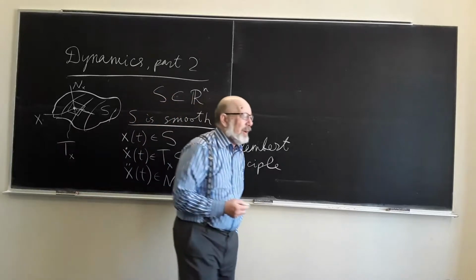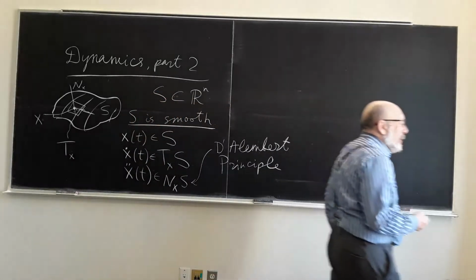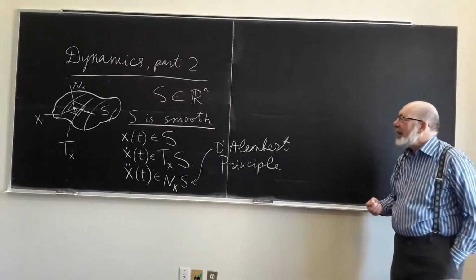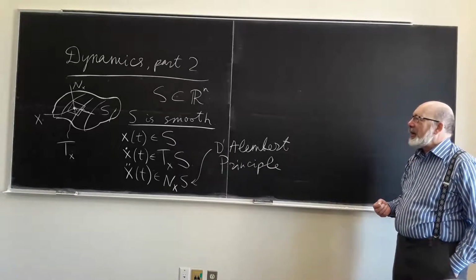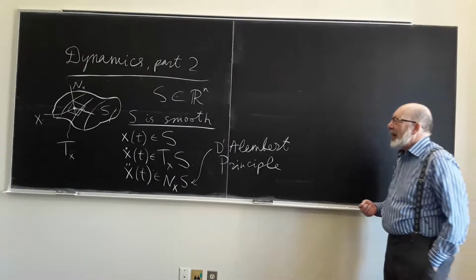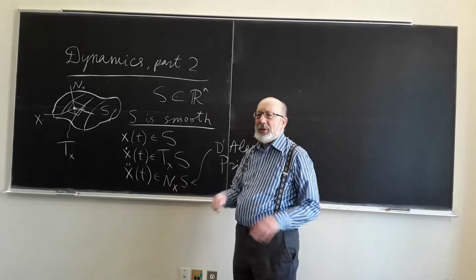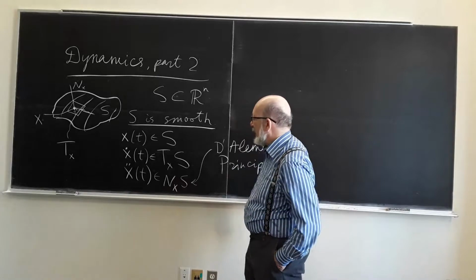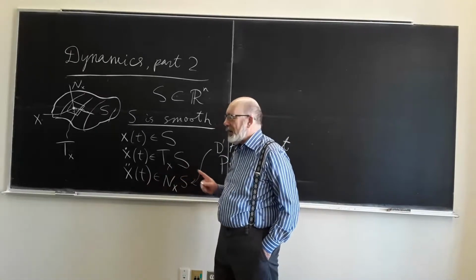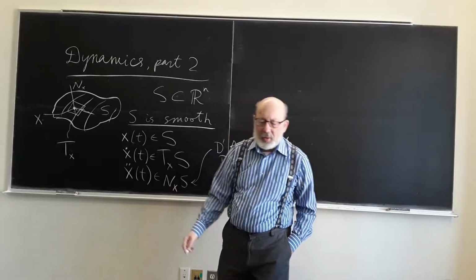If the dimension is equal to n, then we have in fact no constraint, and the normal space is just a point, so it is 0, and this means that acceleration is 0, and we have constant speed.